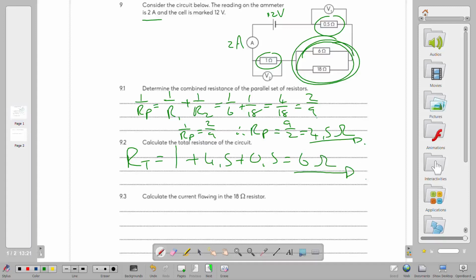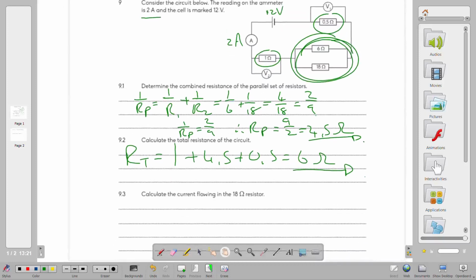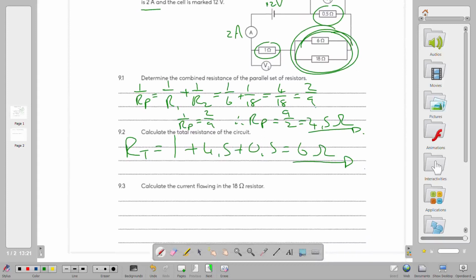9.3 tells us calculate the current flowing in the 18 ohm resistor. Now this is going to take a few steps more than usual, right? But just bear with me, and everything should make sense if you know your rules and you understand what's going on. So the current here splits two ways, and we want to know what's the current flowing through the 18 ohm resistor.